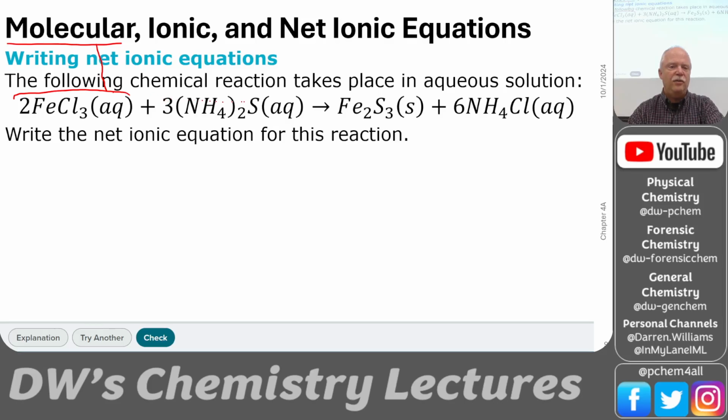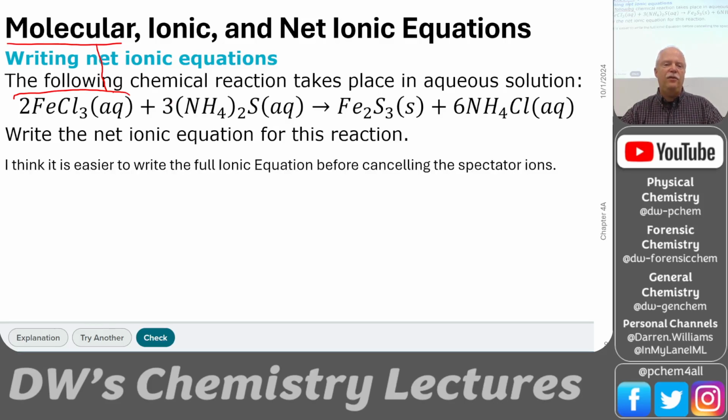All of these aqueous species are written with their cations and anions next to each other as if it's a single species, and yet it's aqueous. When it's aqueous and soluble, this means it's going to be broken apart. So we first write the full ionic equation before canceling the spectator ions.